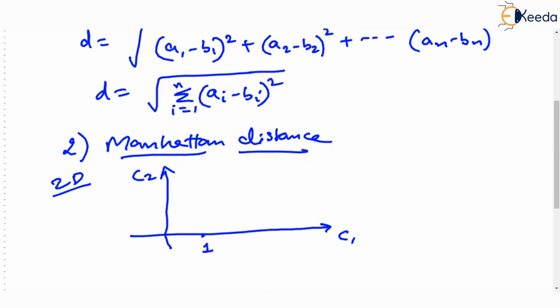This is 1, and this is 1, so this is a point here: 1, 1. Another point we have is here, at 3 and 3, on C2. In between we have 2, 2. These are the 2 points. Remember, this point is 1, 1, and this point is 3, 3. Now the question is, what is the distance between these 2 points?